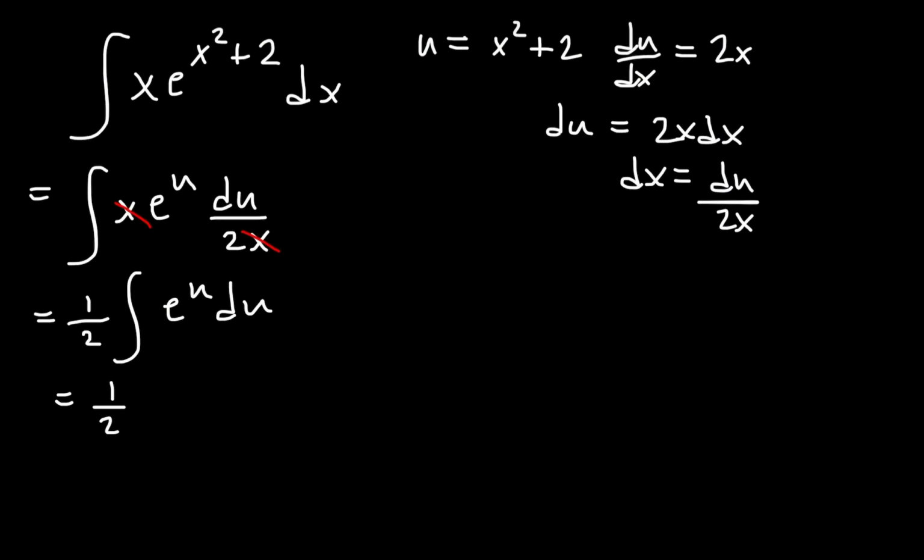So that means the antiderivative is just going to be still e to the u. So it's e to the u plus the constant of integration. And now we're just going to plug this back in. So our final answer would be 1/2 of e to the power of x squared plus 2 plus the constant of integration.